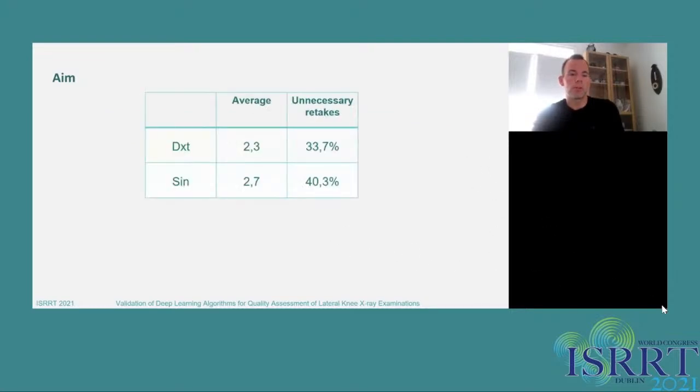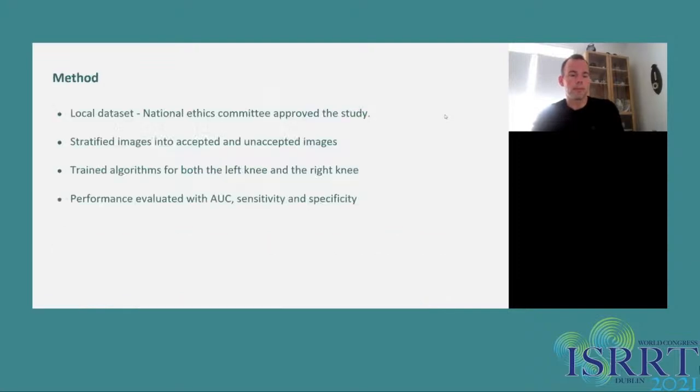Our local audit shows that we take a lot of unnecessary retakes. For the right knee, we take over 30% of unnecessary retakes. For the left knee, we take over 40% of unnecessary retakes. We used a local dataset in this study.